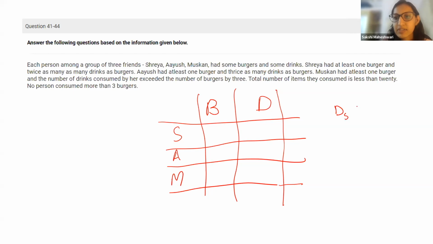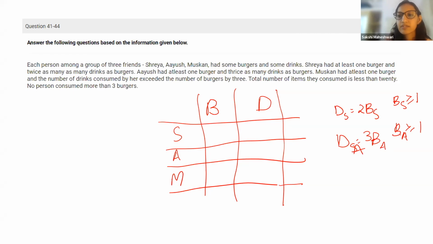So Shreya's drinks is twice the number of burgers, and BS is greater than equal to 1. Okay. Now, Ayush had at least 1 burger and thrice as many drinks as burgers. So, Ayush also had at least 1 burger and thrice as many drinks. Okay, this is Ayush.